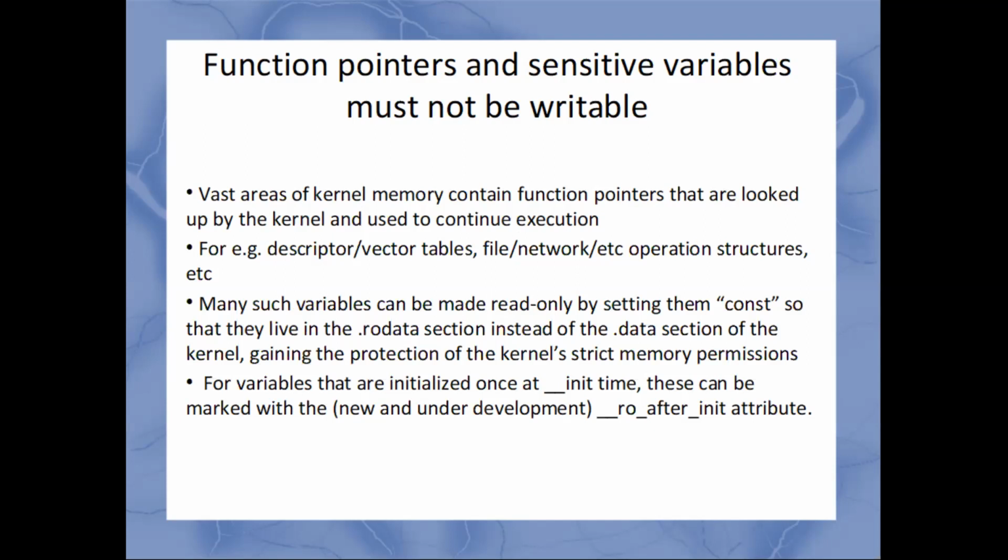Many such variables can be made read-only by setting them constant, so that they live in the read-only data section instead of the data section of the kernel, and get the protection of the kernel's strict memory permissions. For variables that are initialized once, with the __init time directive, these can be marked with a new and under-development __ro_after_init attribute.